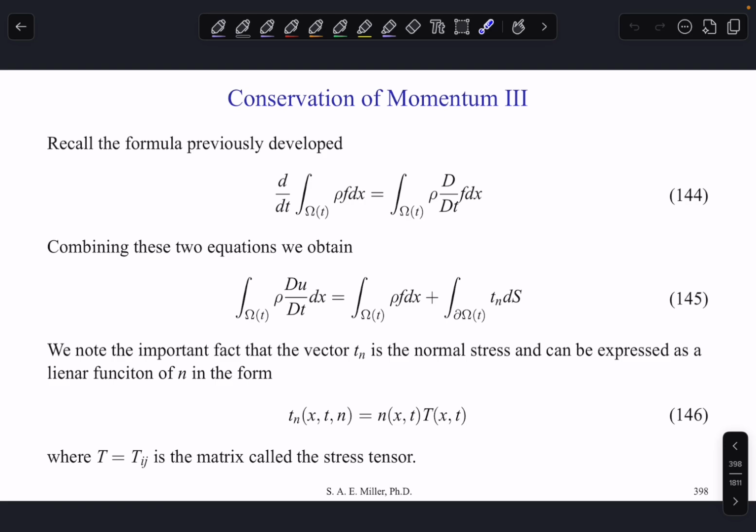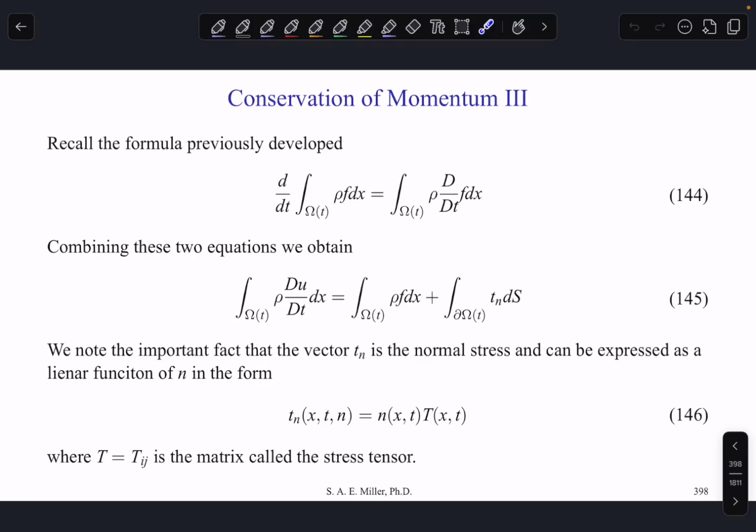Remember, we previously developed the formula for the left-hand side in a very similar fashion: the ordinary derivative of the volumetric integral of rho f is an integral of rho times the material derivative of f. These two equations, 144 and 143, can combine to be 145.